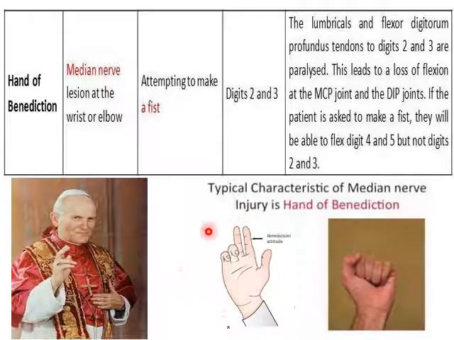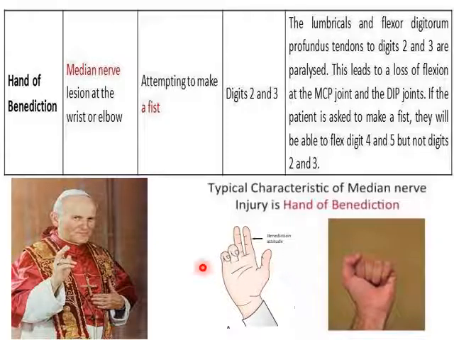That is how the hand also appears in a median nerve lesion when a person is asked to make a fist. Then there is a loss of flexion of the index, middle, and the thumb digits. So this is called Benedict's attitude.